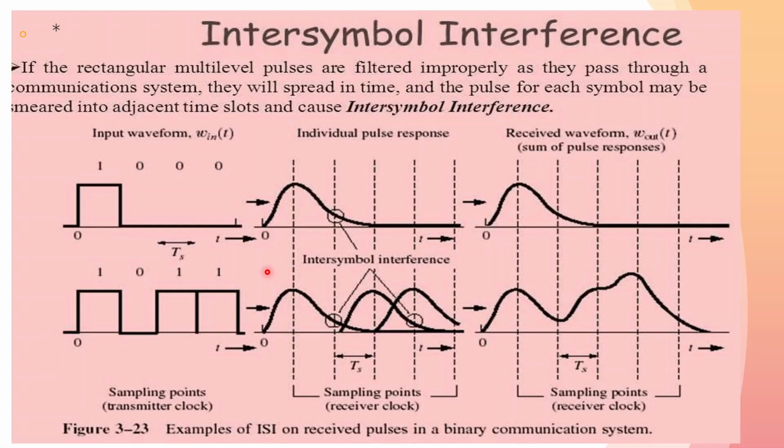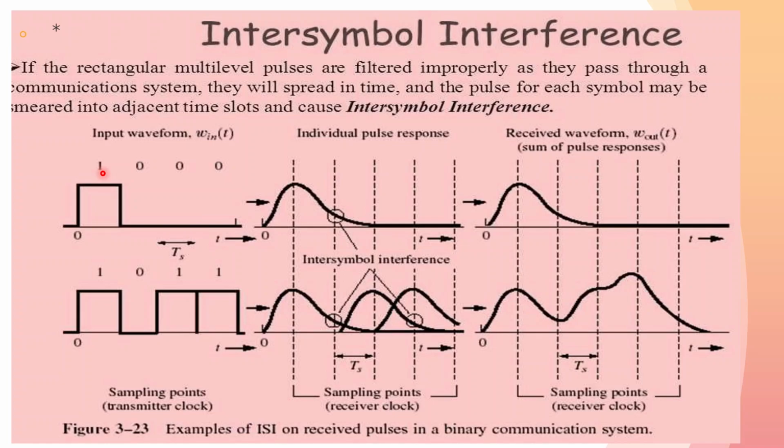This shows intersymbol interference when a group of bits is transmitted. We have seen in previous slides what happens when a single bit is transmitted. Now a sequence of bits is transmitted, here 4 bits we have assumed. If 4 bits are transmitted together as a frame, what will happen at the receiver? Let us consider that the pulse transmission has limited bandwidth.